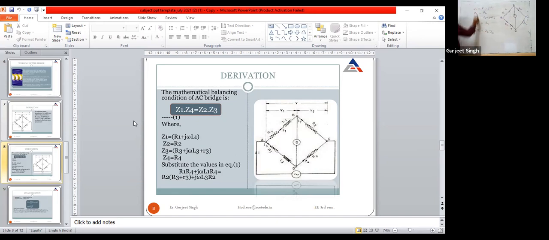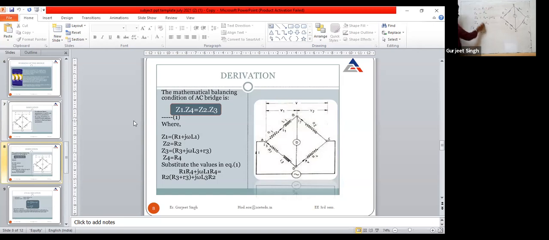Now put these four values in this standard equation, Z1 Z4 is equal to Z2 Z3. Z1 and Z4 are the opposite arms, so we will multiply these two impedances, then Z2 and Z3. When I put the values, first I write Z1, that is R1 plus J omega L1.